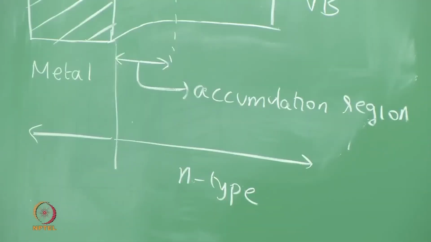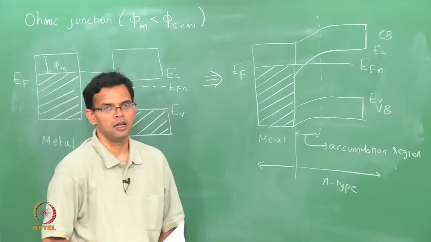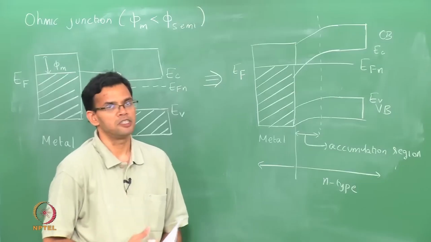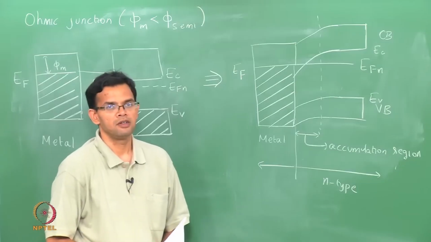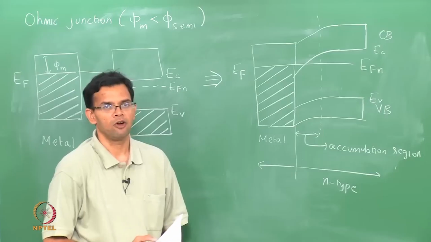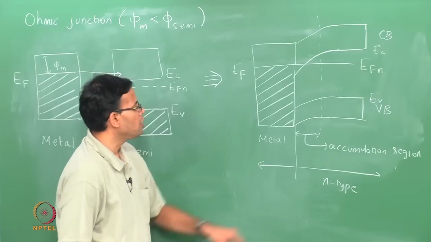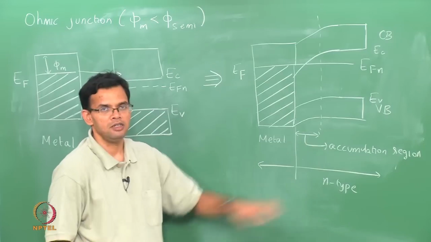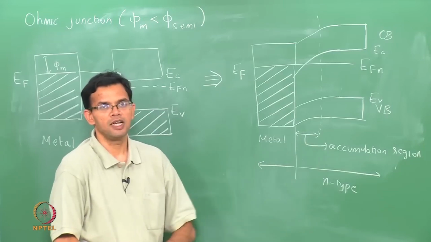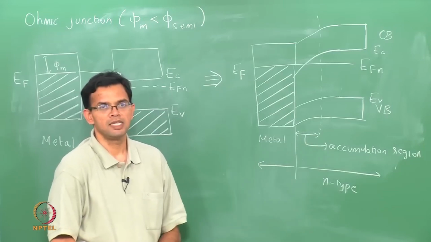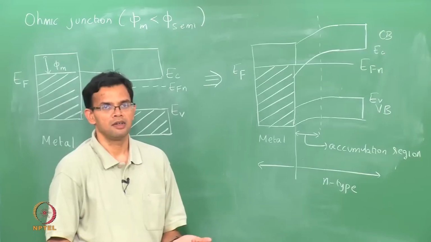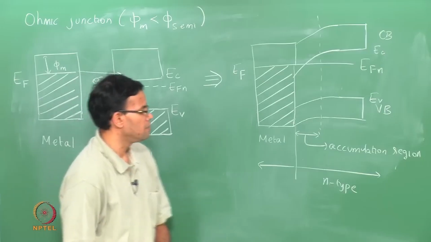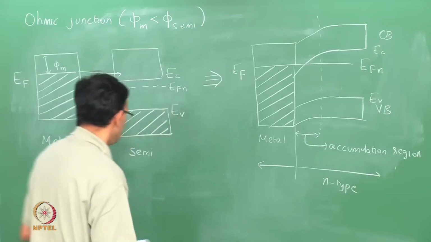We can look at the behavior of an ohmic junction in the case of a forward or a reverse bias, and this behavior is entirely different from that of a Schottky. Now, because you have an accumulation region, the behavior of this device under a bias basically acts as a resistor, and the resistance is given by the n-type semiconductor.